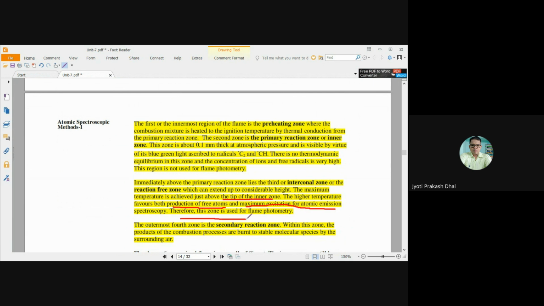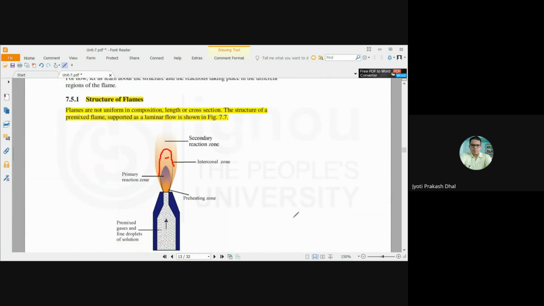Therefore, this zone, just above the tip of the inner zone, is used for flame photometry.